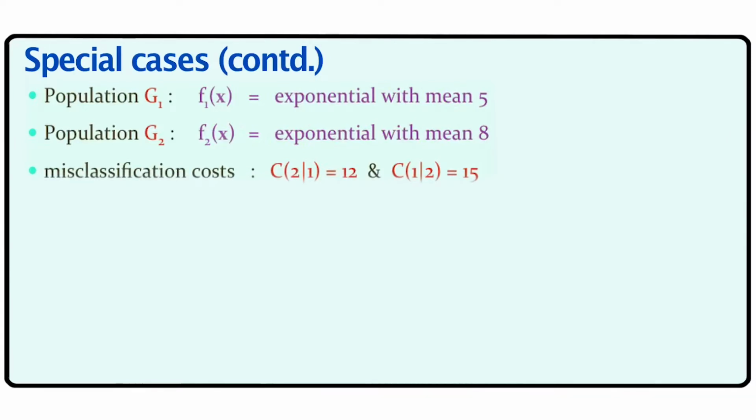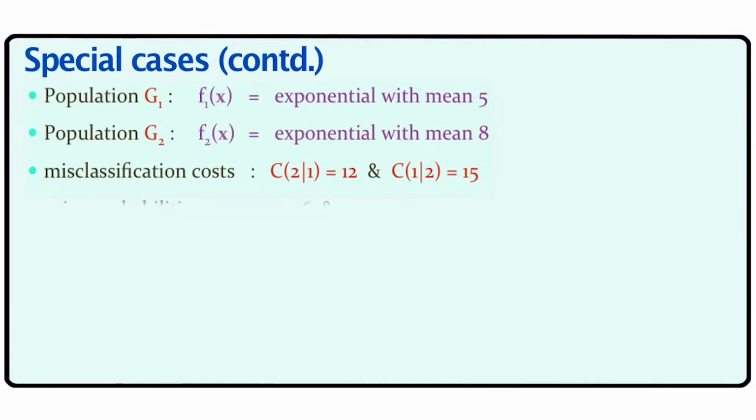We need to place individuals in one of these two groups. We are also given the misclassification costs. If an individual from group 1 is misclassified and placed into group 2, we have a cost of 12. On the other hand, if an individual from group 2 is classified into the first group, then we have a misclassification cost of 15.